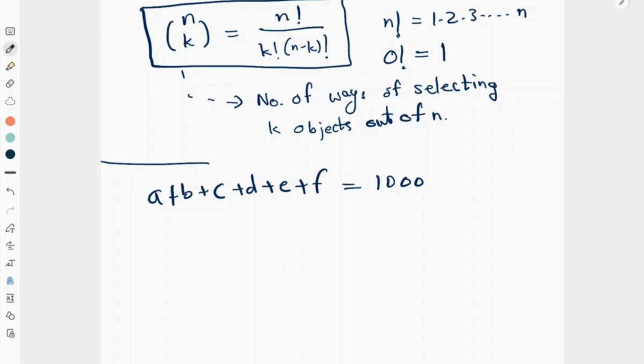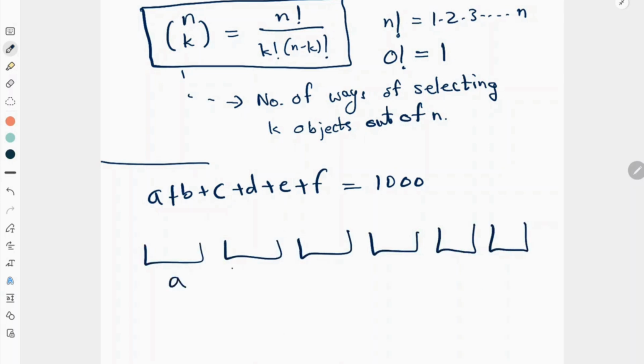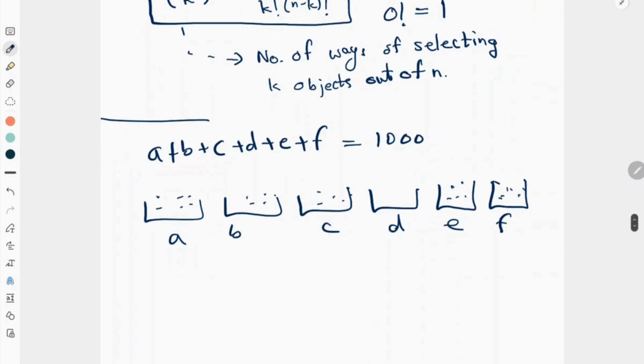But the way to solve this problem would be, so again I have 1000 balls here, because I want, let's say, a b c d e f, these are my bins, and I want to put a number of balls in each bin. Some of the bins can have 0 balls. And so I want the number of solutions here, where a plus b plus c plus d plus e plus f is 1000.